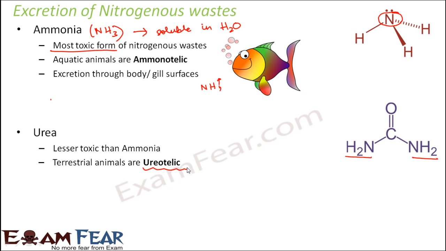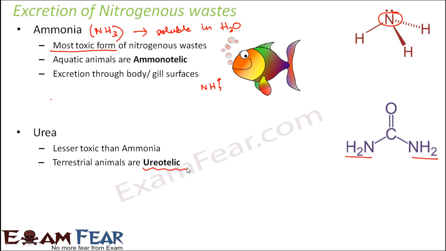But terrestrial animals have limited water inside their body and do not have that much abundance of water. They do not want to waste so much water; they want to conserve water. If they excreted ammonia, they would also end up losing a lot of water. That is why terrestrial animals excrete their wastes in the form of urea.